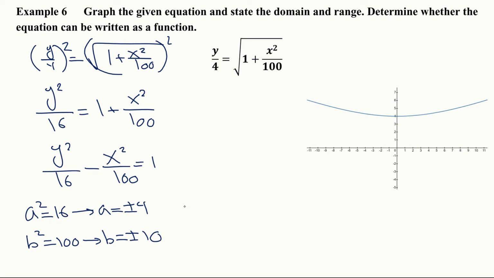So I'm going to place points up 4, down 4. And I'm also going to go right 10 and left 10. So now I'm going to go ahead and draw my fundamental rectangle.